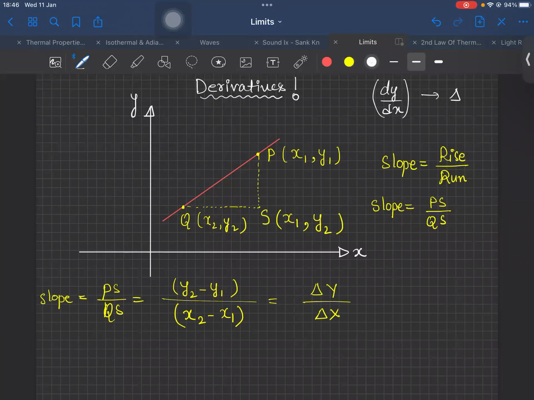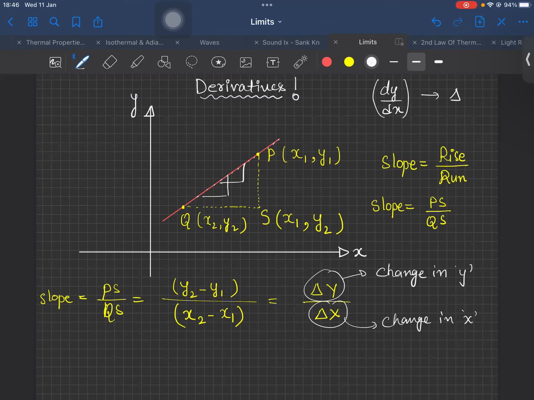Now, what's the meaning of delta y? Delta y means change in y. And this is change in x. So that's how we calculate slope for a straight line. Now, you go anywhere, any point, everywhere the slope you will find is the same for a straight line. Even if you calculate slope for this part, you will find the same. You calculate slope for this part, you'll find the same, because the slope of a straight line is constant.